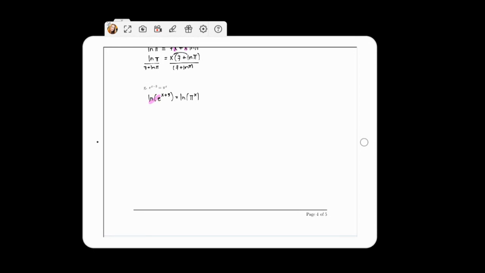The log of e to the x plus 3, since we have the same base, is just equal to x plus 3. But on the right-hand side, we need to just pull the x down in front. So I just have x times the log pi.